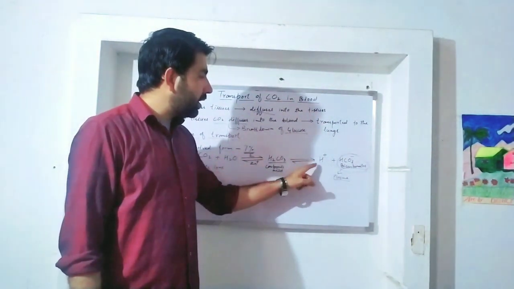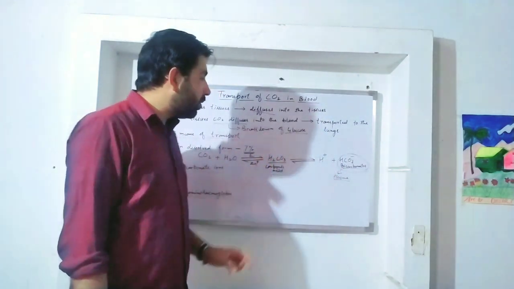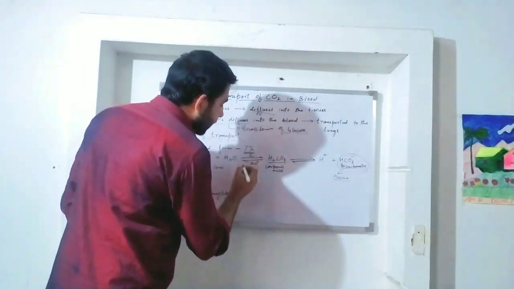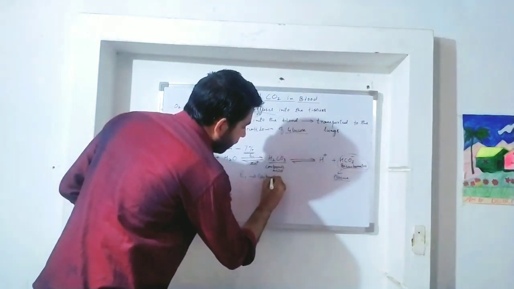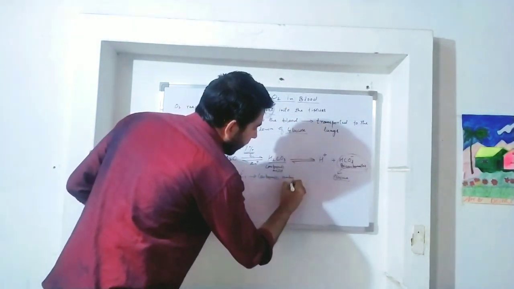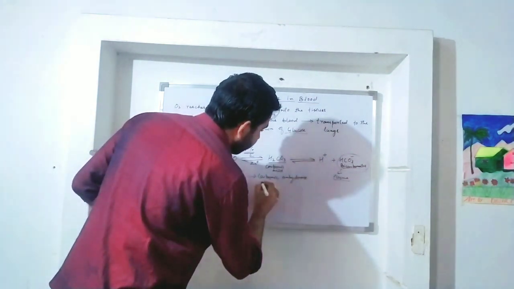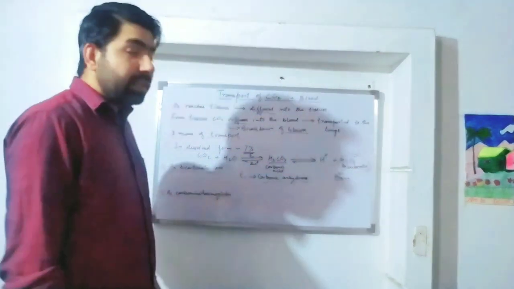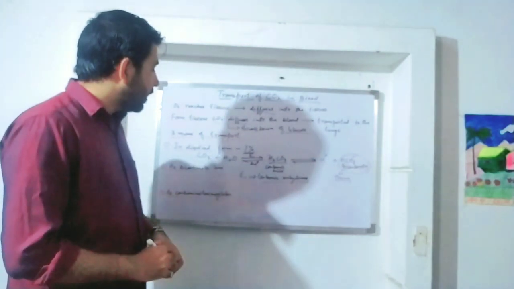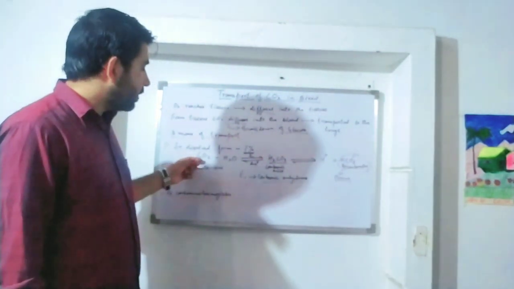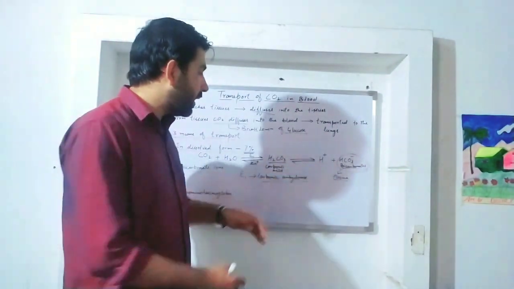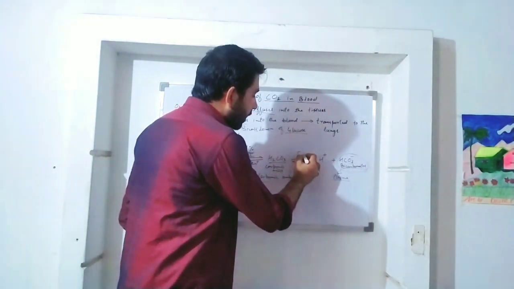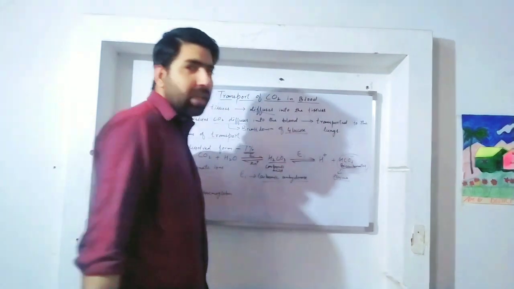carbonic acid is split into the proton and bicarbonate, and this enzyme here, E1, is the carbonic anhydrase enzyme. Carbonic anhydrase does a very important reaction here, where carbon dioxide is first reacted with water to form carbonic acid, and later it is split again by the same enzyme, E1, to form the bicarbonate ions.